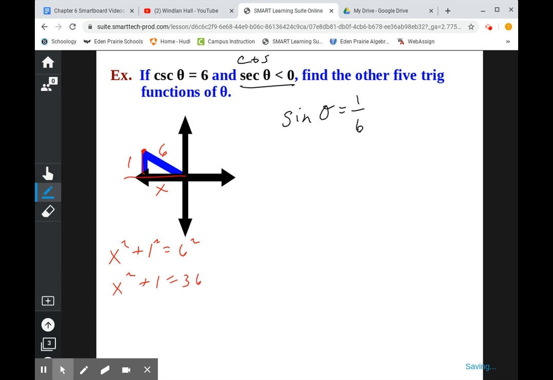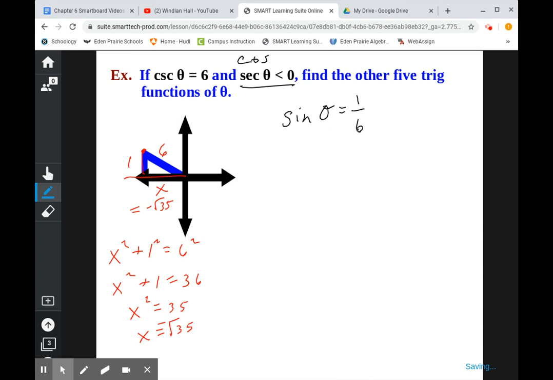Subtract 1 on both sides, x squared equals 35. Then take the square root, and x equals the square root of 35. Keep in mind, it's going to be negative because it's in the second quadrant, and we already said that the cosine was negative. So in this place here, we say that x is actually equal to negative square root of 35.